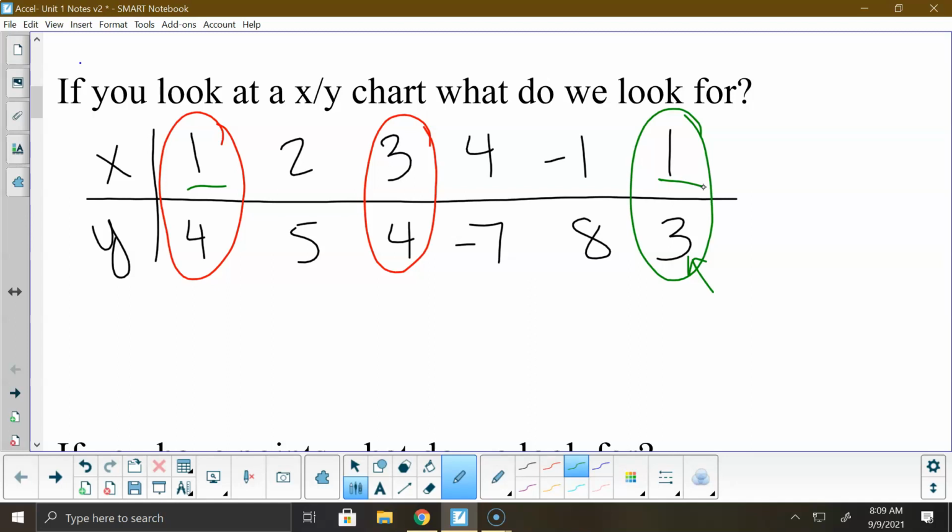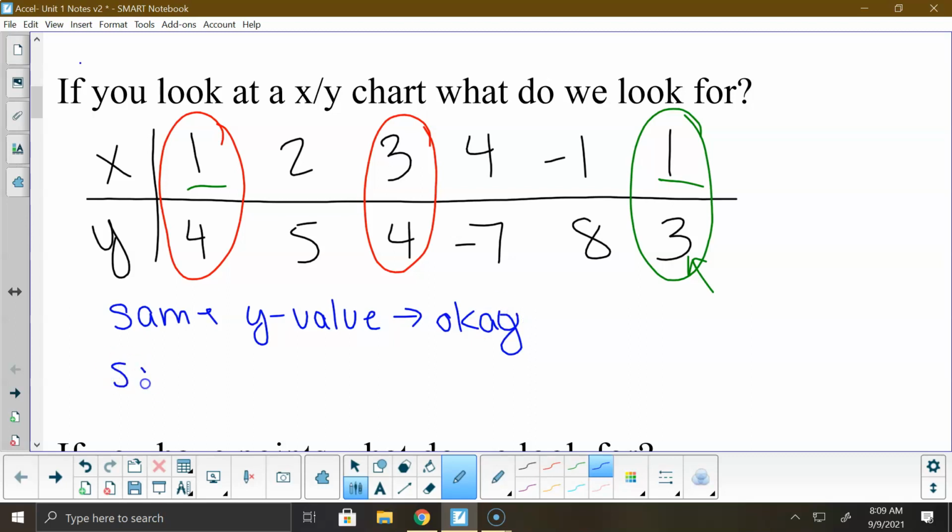So same y value is okay. If it's same x but different y's, now we have a problem.